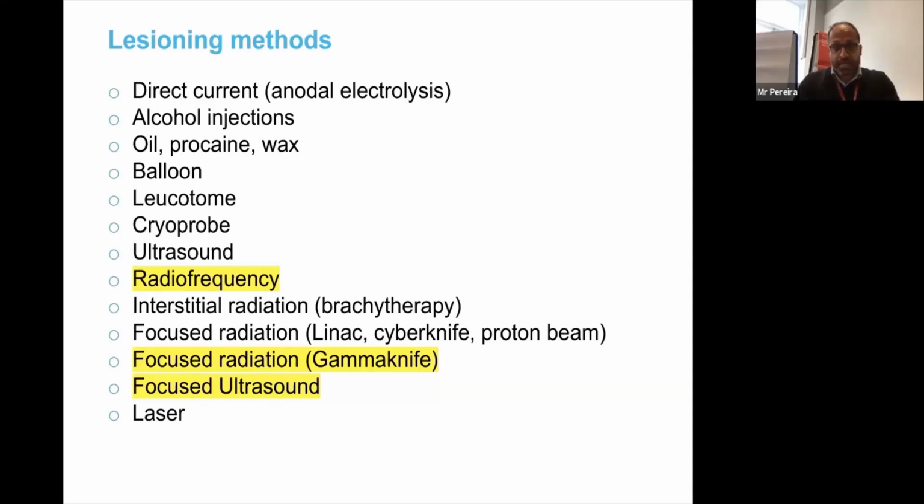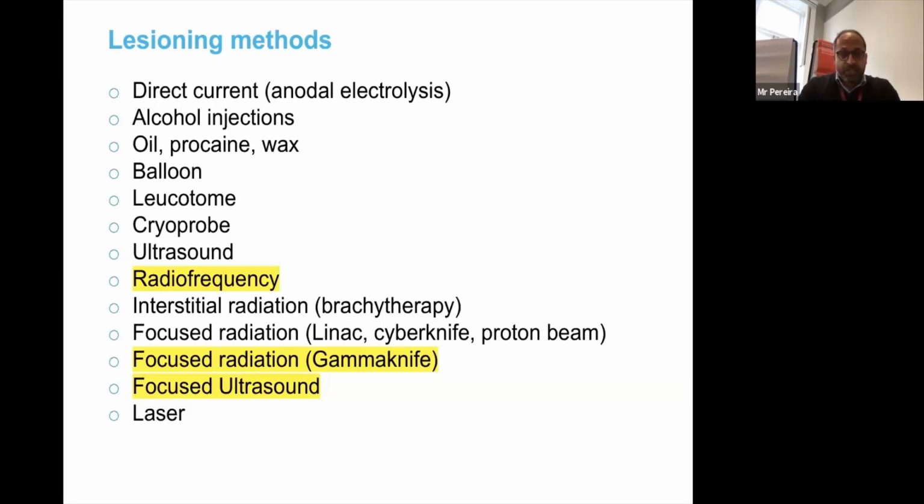Then interstitial radiation, one can put little radioactive particles into the brain itself. Focused radiation from outside sources such as gamma knife or Linac knife, proton beam. And focused ultrasound, which is something which has brought lesioning back into the public domain as a popular therapy.